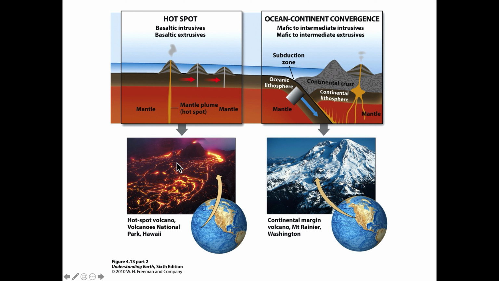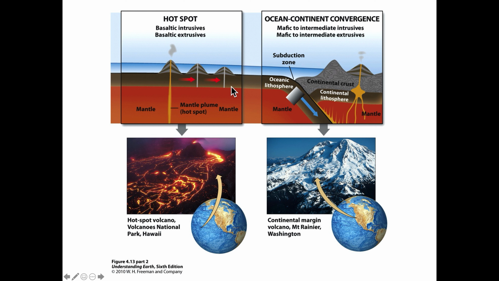Hotspot volcanism generates the Hawaiian Islands, and it's also responsible for the volcanic activity in Yellowstone Park. In this case, a mantle plume, hot rising material from the mantle, is moving through the crust, or the crust is moving over the mantle plume. So either the mantle plume itself is moving or the crust is moving.